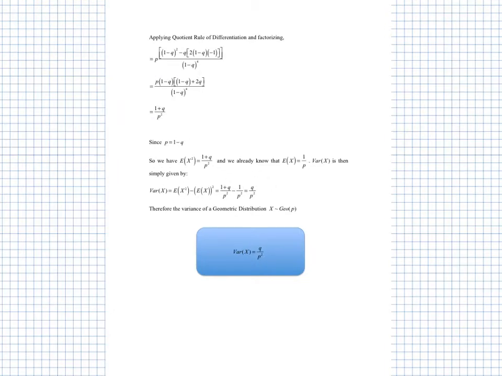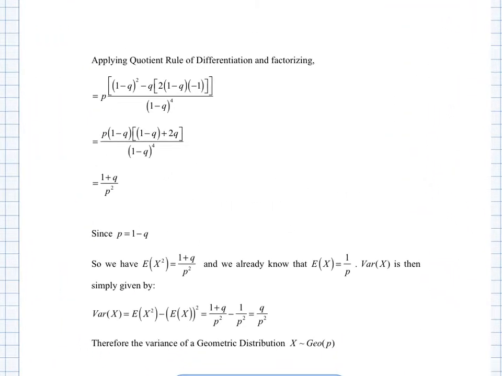And applying the quotient rule of differentiation and factorizing, as you can see, we can find the expectation of X squared to be equal to 1 plus q divided by p squared.